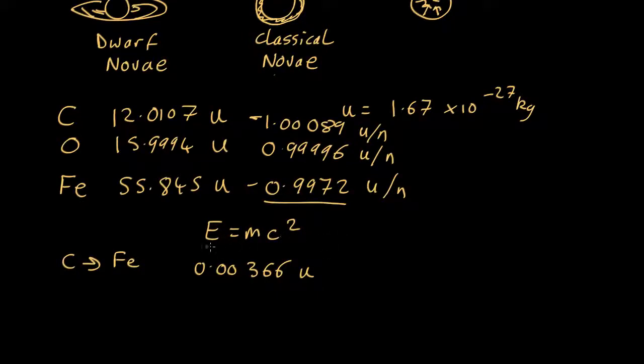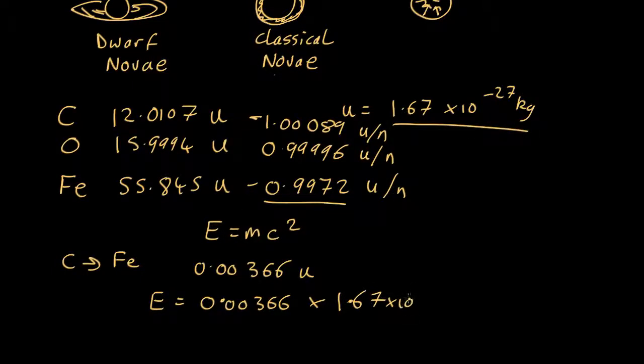The energy is given by E equals mc squared, so the energy is equal to the mass, which is 0.00366 times the definition of an atomic mass unit from up here, 1.67 by 10 to the minus 27. So that gives you the mass multiplied by the speed of light squared, so 3 by 10 to the 8 meters per second squared.